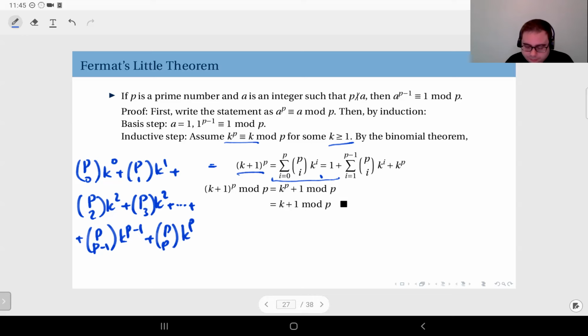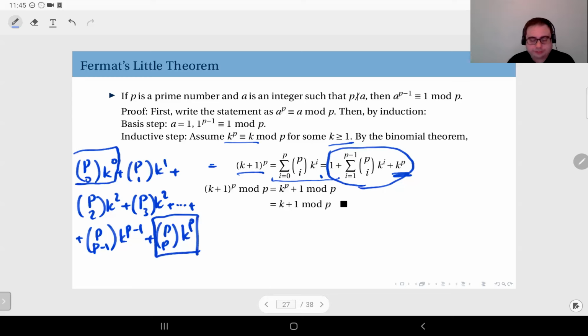And here you see I have written this as a sum of 3 terms. One of them is 1, and that corresponds to this term here. The other is k to the power p, which corresponds to this term here. And the rest are these other terms. So what is the significance of the other terms?